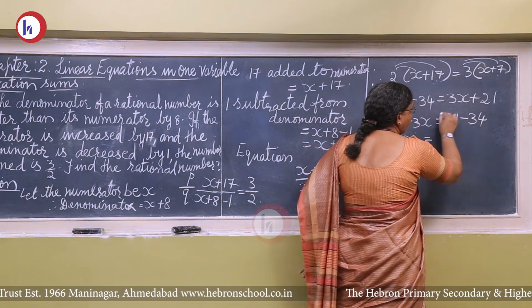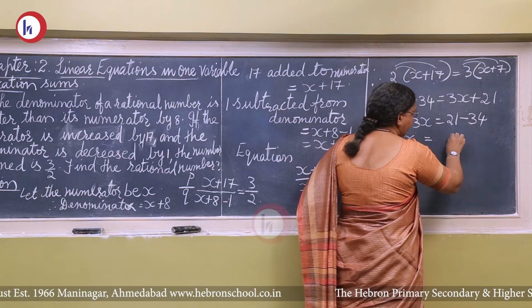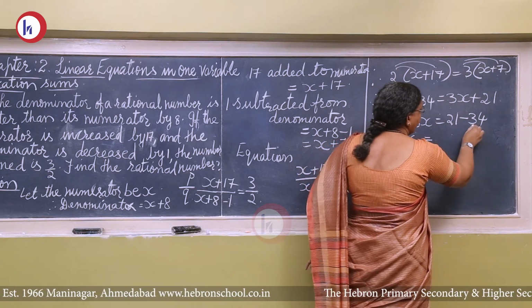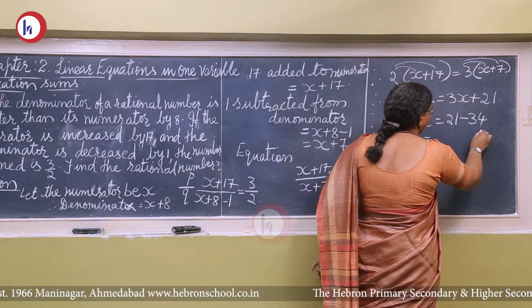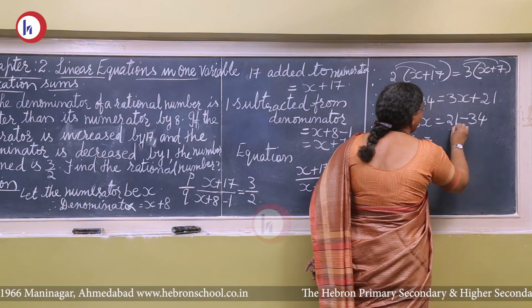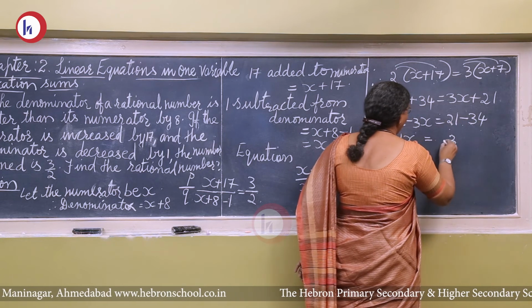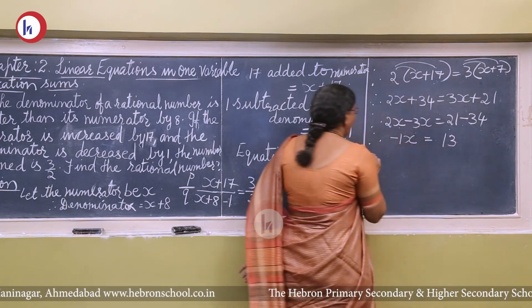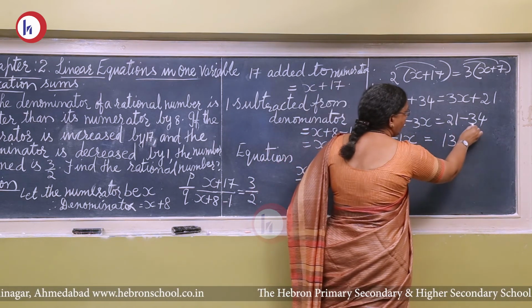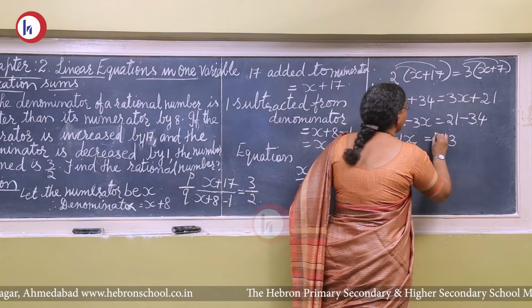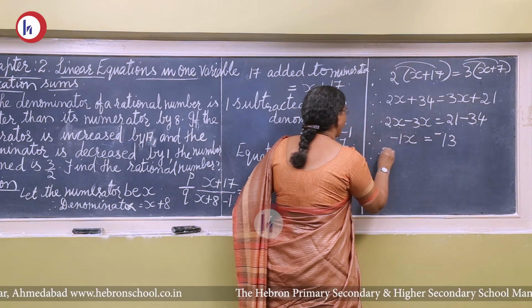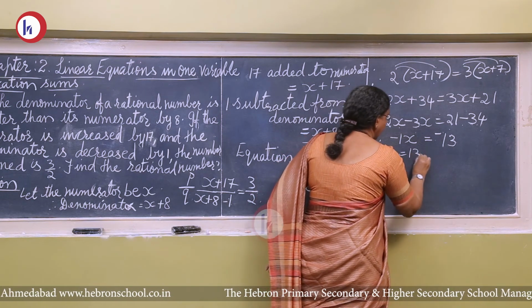Again you can see that both the signs are different, so subtract and put the sign of the greater integer. So 34 minus 21 is 13, and the sign of the greater integer is minus. Therefore, x is equal to 13.